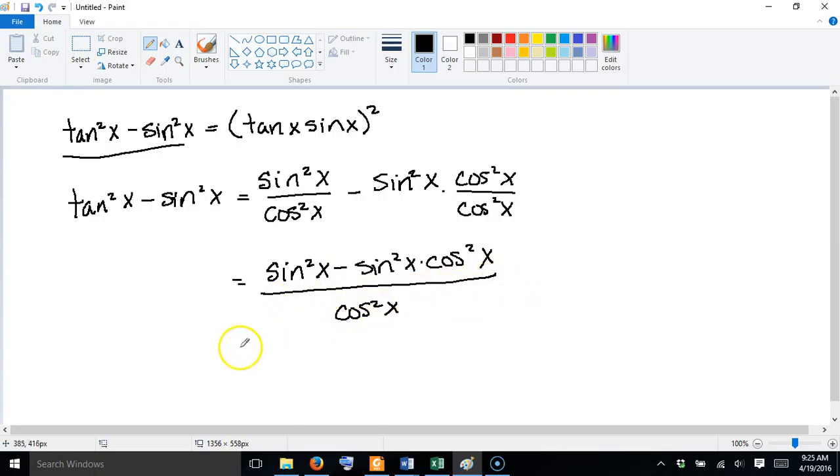Okay, now I'm going to factor a sine squared out because both of these terms have a sine squared. Whenever I factor out a sine squared from sine squared, I'm left with 1. And whenever I factor a sine squared out from this whole thing, it just gets rid of sine squared, and I'm left with cosine squared.